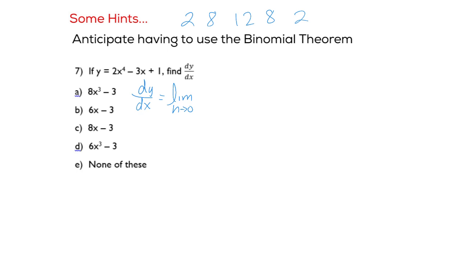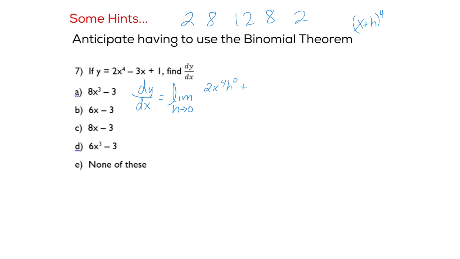x plus h to the fourth power. All right, so remember the process. The first thing you do is you grab your Pascal number. My Pascal number has already been multiplied by the 2, so it's going to be a 2. x is going to be to the highest power. h is going to be to the lowest power. I go ahead and put the 0 there. Maybe you've done this enough times, you know that's going to go away.